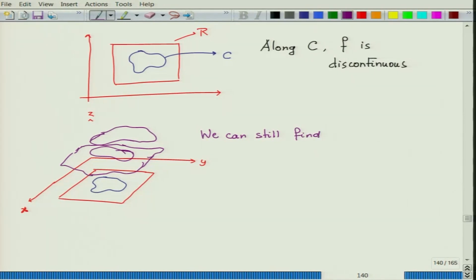Here I have taken positive functions. So, maybe I should draw the z axis at the back.